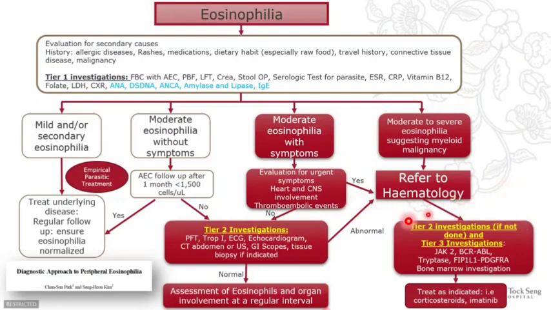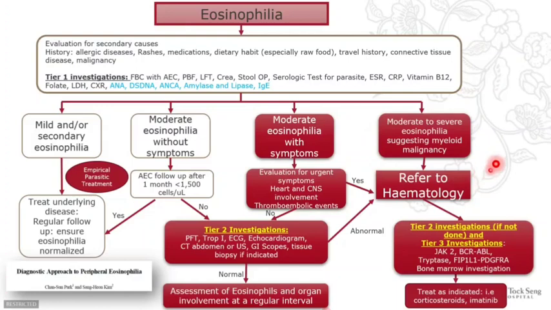We will do prior investigations, molecular markers such as JAK2, BCR-ABL, or look for systemic mastocytosis with tryptase.